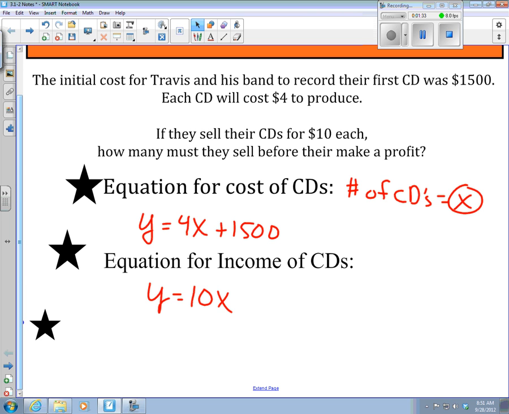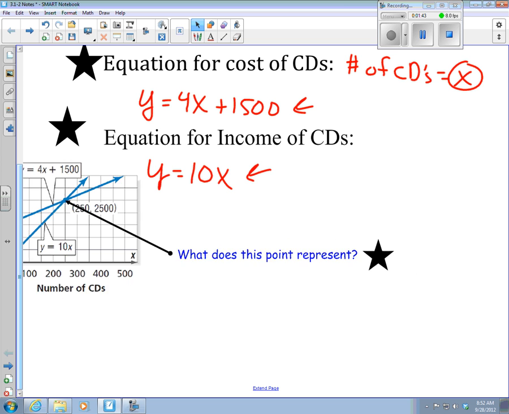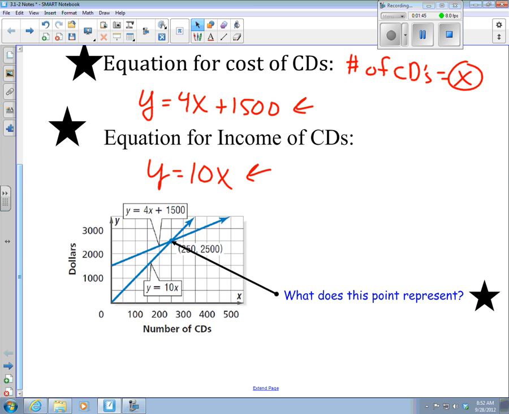Now, if we were to graph these, this is the cost, this is the income. Here's kind of what it looks like. This one right here, I'll put it in red, is what it costs to make CDs.